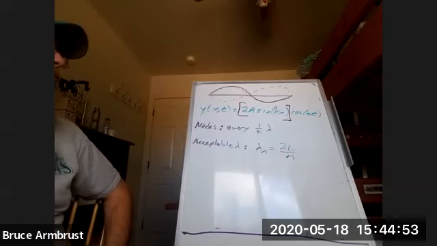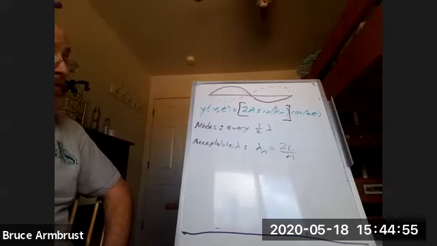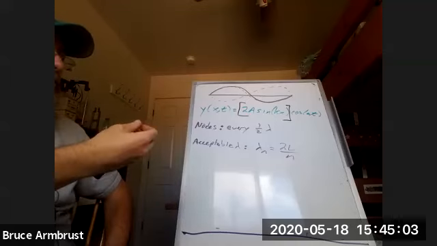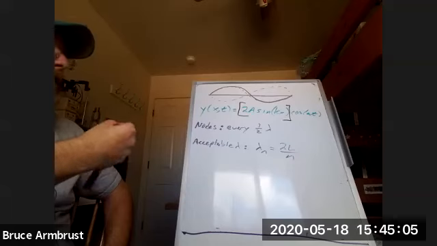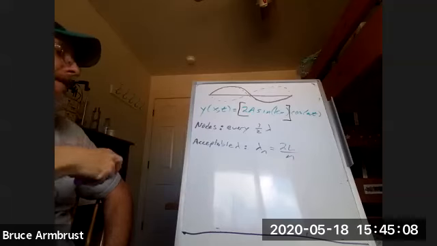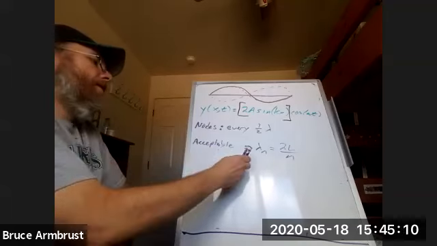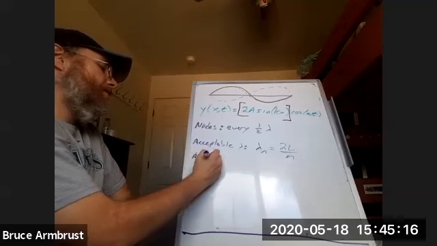So n, you can just let it be whatever you want, any integer starting at 1, not 0. Obviously, you can't divide by 0. But then just keep going, and L was the length of that string. So those were our acceptable lambdas, which then meant the allowed frequencies.